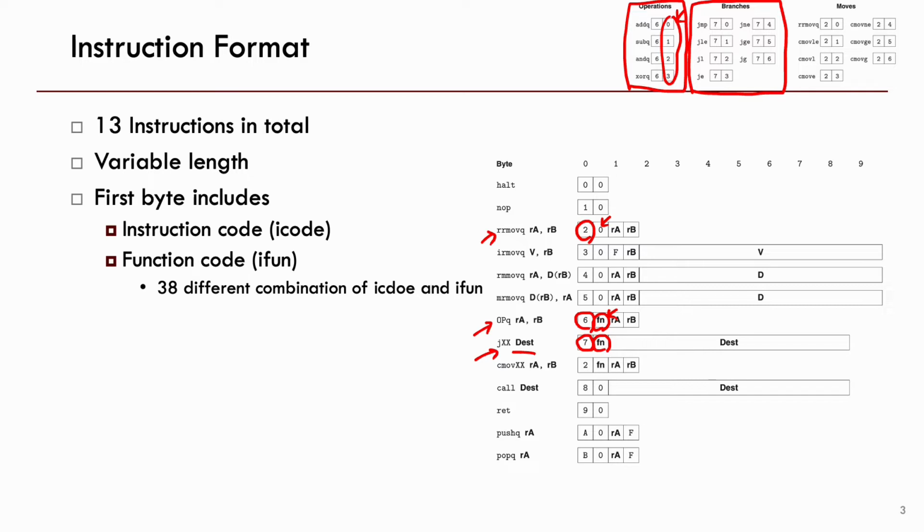And also the cmovXX instruction has a function code. So then there are 38 different combinations of icode and function code.